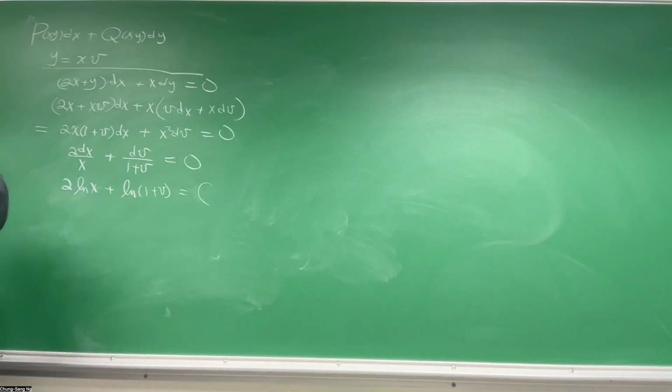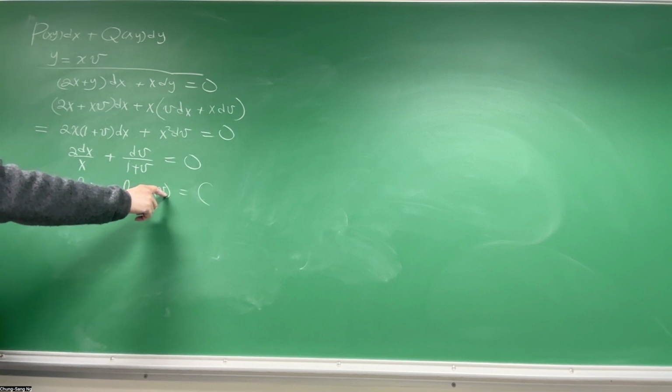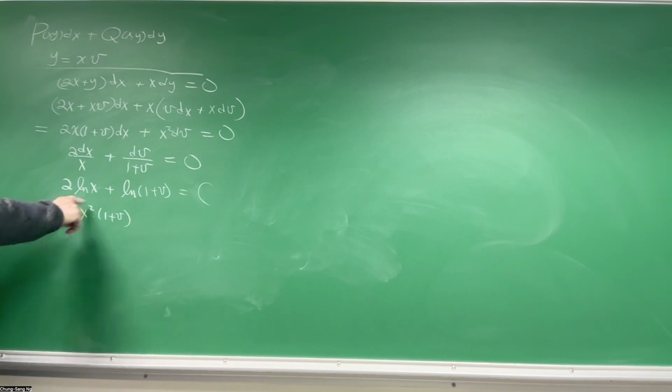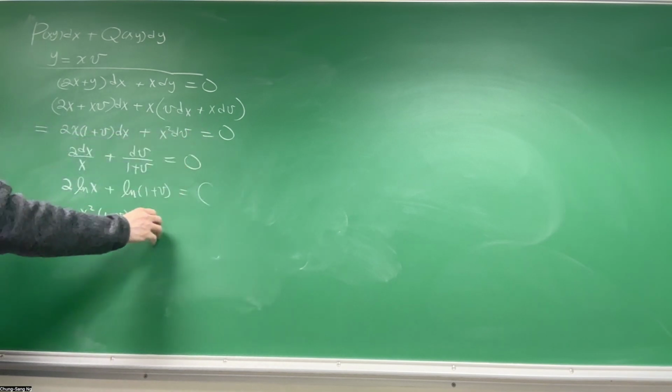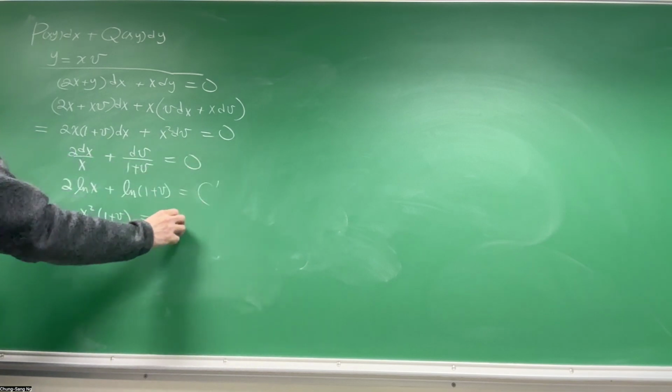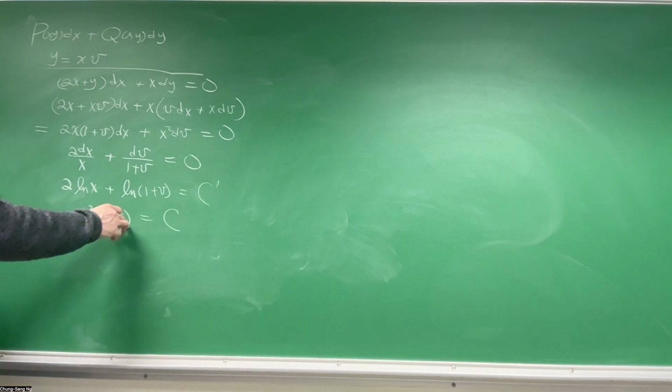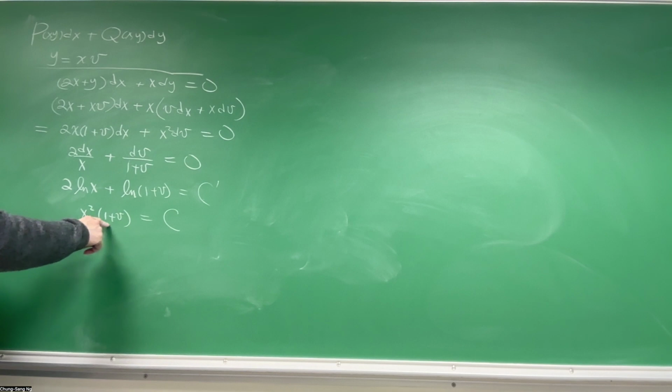Then you can solve for that by taking the exponential function and combining the two, becomes x squared (1 plus v). Log of that equals exponential of this, but it's still a constant, so you can say this is just another constant, right? So let's solve for that. Because usually you want the x and y out.